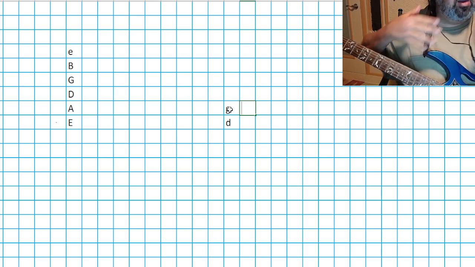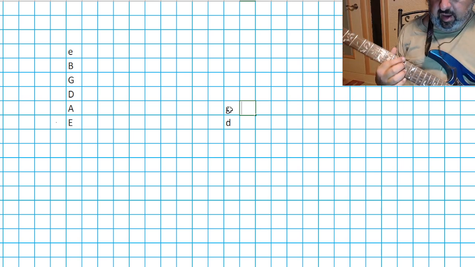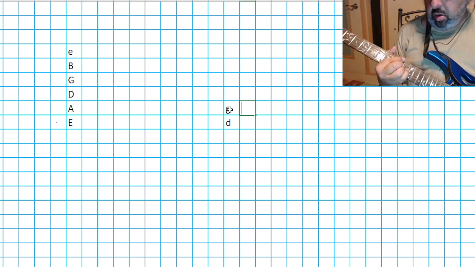So the G opens into rest, and I can even do that with minor too.